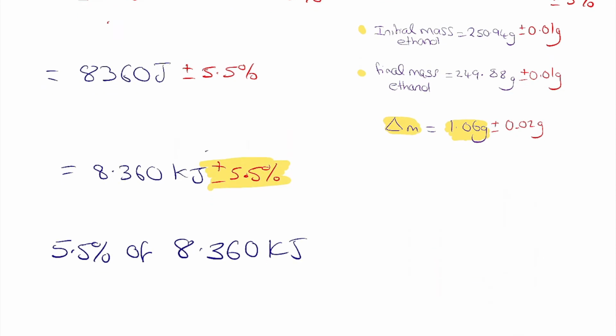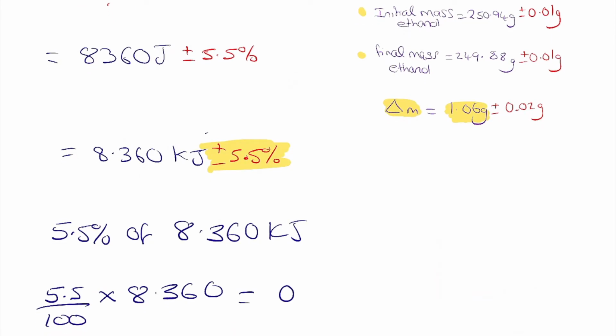So mathematically we put 5.5 divided by 100 and we multiply that by 8.360. And when we calculate that through, we end up with 0.4598. And because we're working out a proportion of that 8.360, the answer that we get is in kilojoules.